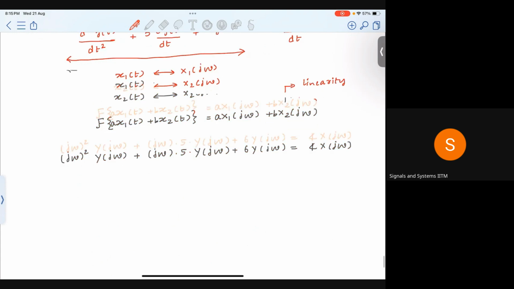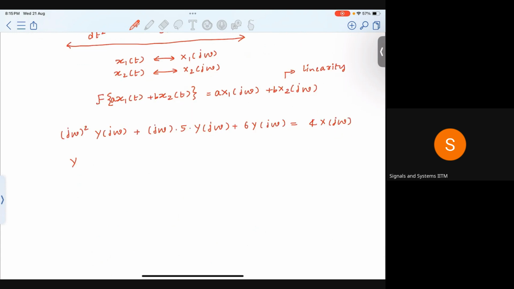So from this, what you could see is Y of j omega times (minus omega square plus 5j omega plus 6) is nothing but 4 times X of j omega, correct?